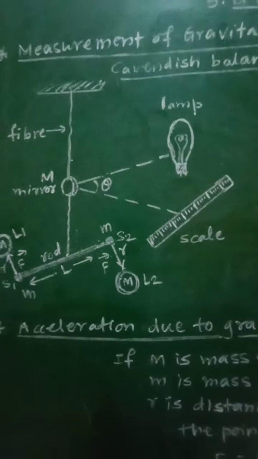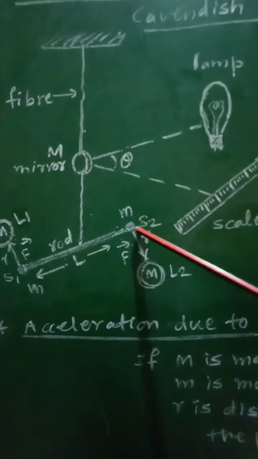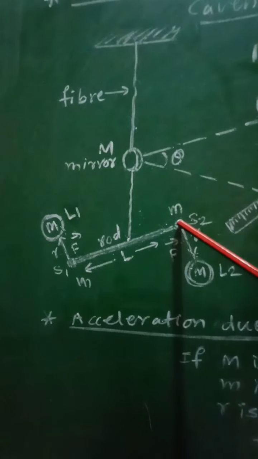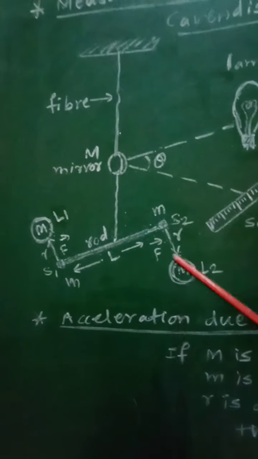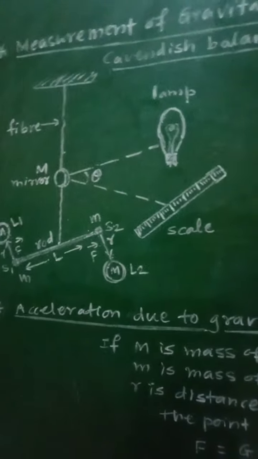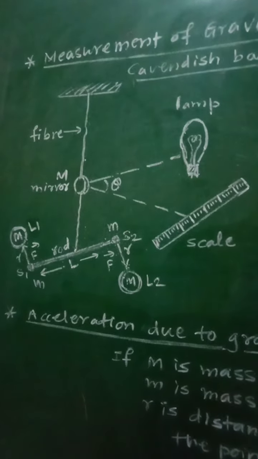This distance is r, and this distance is also r; these are the distances between the centers of the small and big spheres.